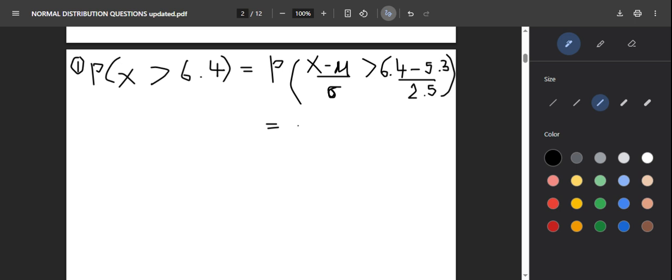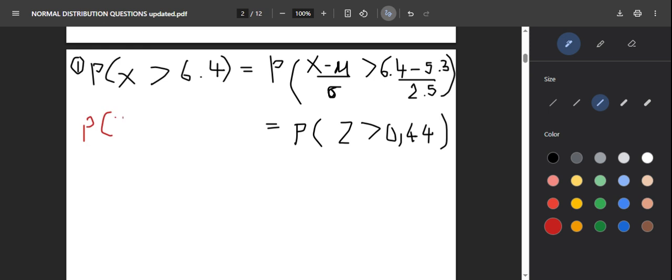So now this is going to be equal to the probability of Z being greater than 0.44. Now, there's something that I need you to take note of. When we have the probability of Z being greater than the small z, it's equal to 1 minus phi of the small z. It's very important that you take note of this.